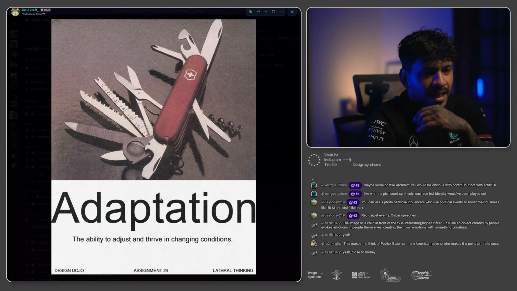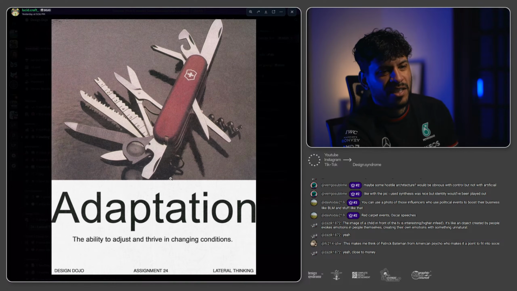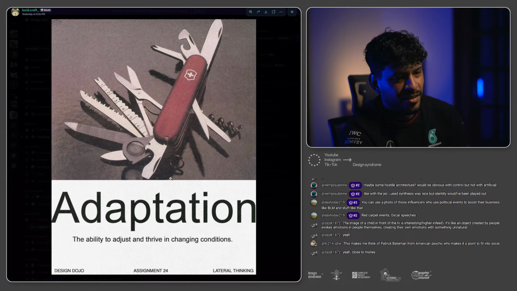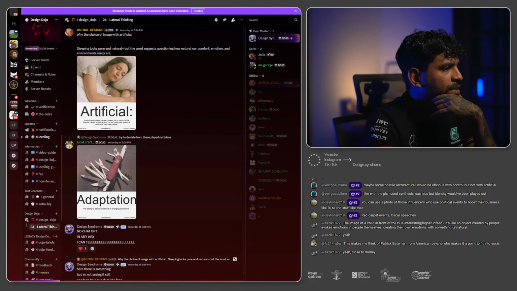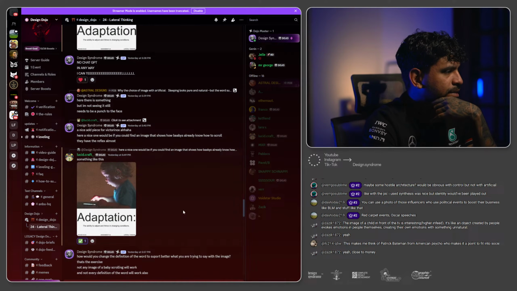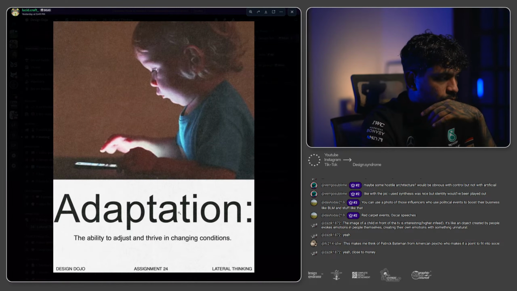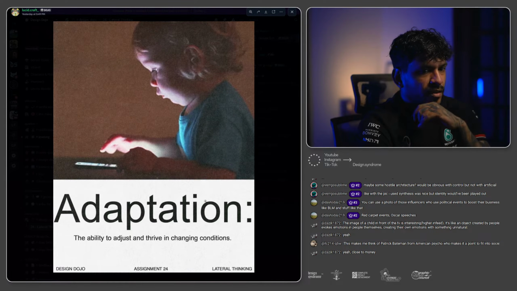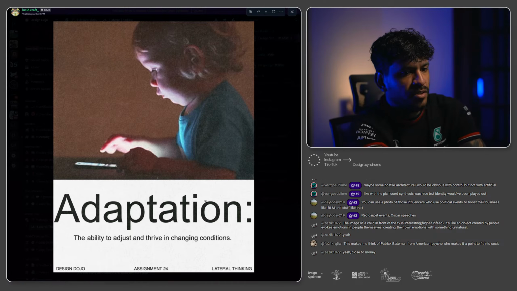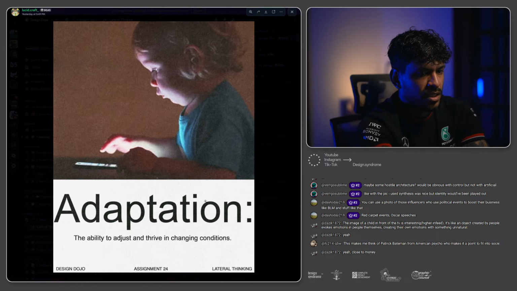Adaptation. Okay, again, the tool as a thing for adaptation, laid out almost linear here. It's like a nice ad for Victorinox, for the Swiss blades. But yeah, adaptation: the ability to adjust and thrive in changing conditions. I feel we could grab another image, maybe.